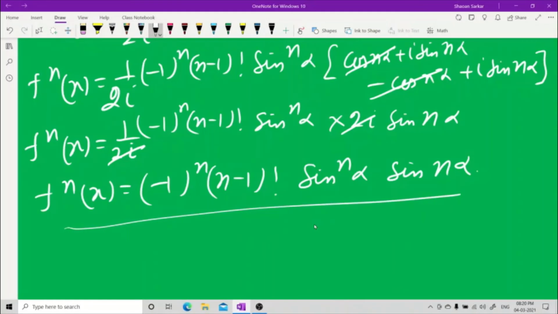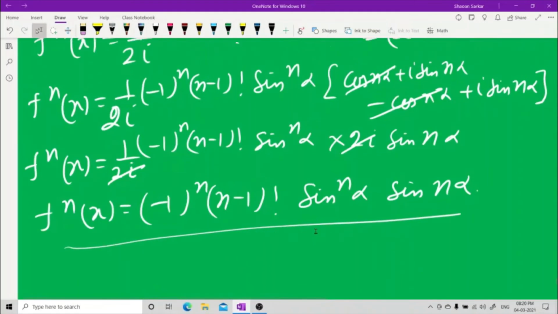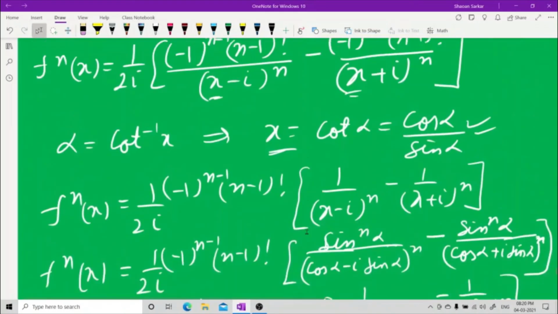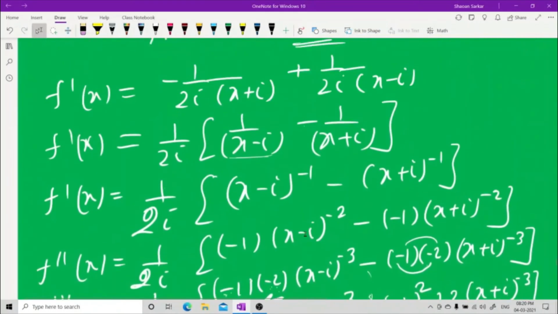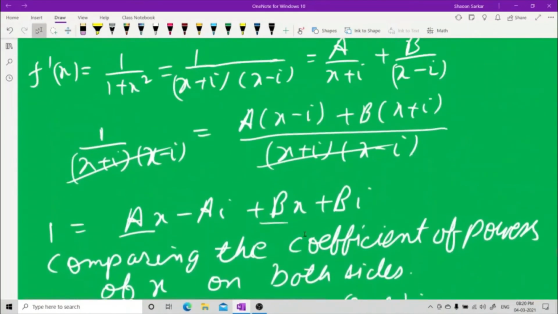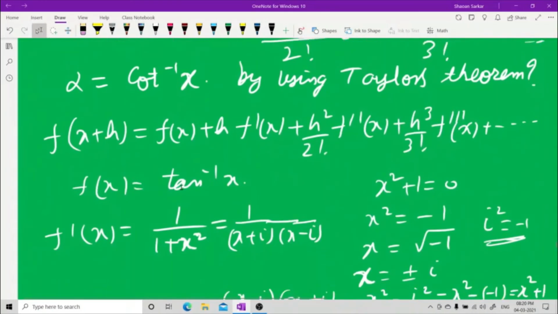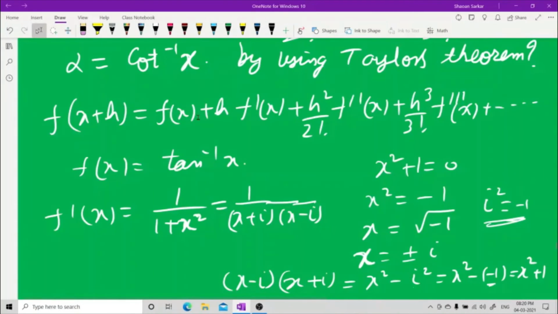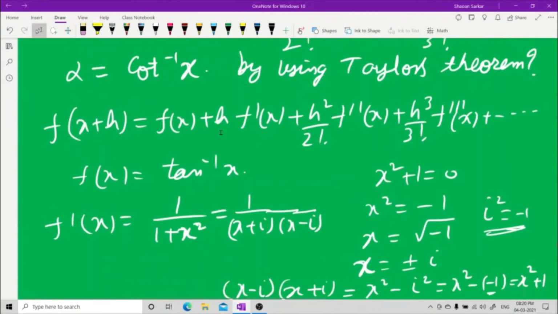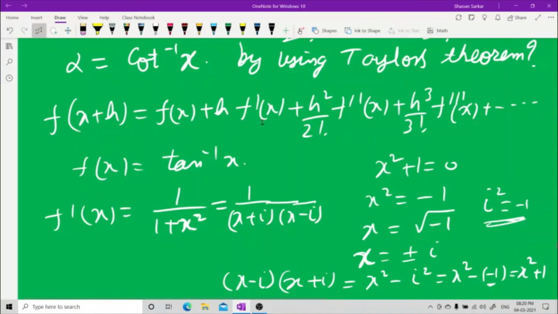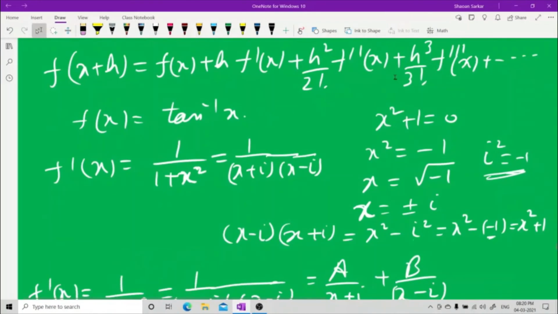Now I will use my Taylor's expansion. My Taylor's expansion is, look here, f(x+h) equals f(x) plus h f dash x, plus h square by 2 f double dash x, and all this stuff.